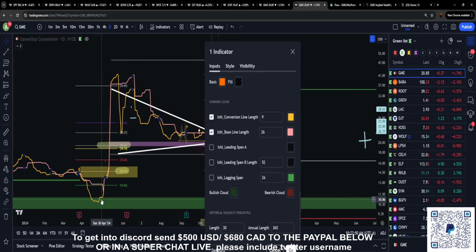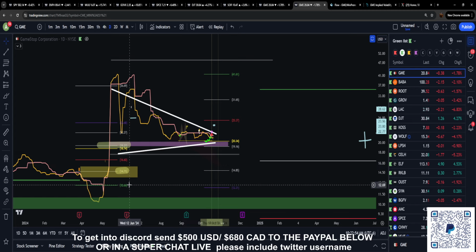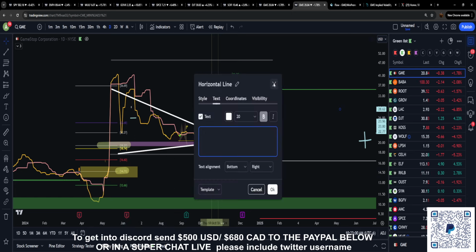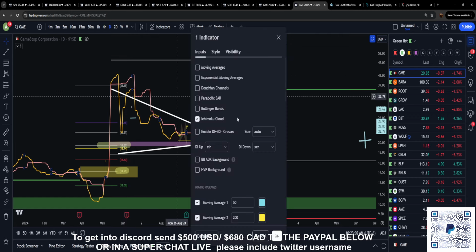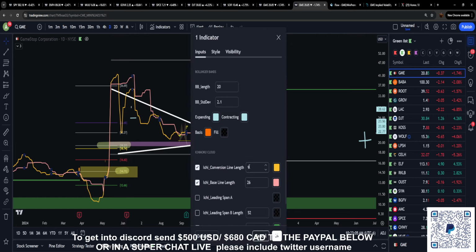You can see how this thing is a lot more volatile and moves a lot more. The reason is that it takes into consideration less price action. If we open up the indicator, look at the conversion line: it's only taking into account the last 9 candles.